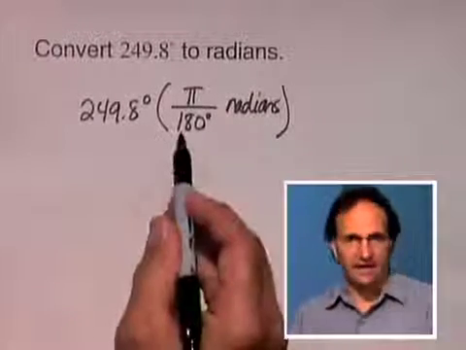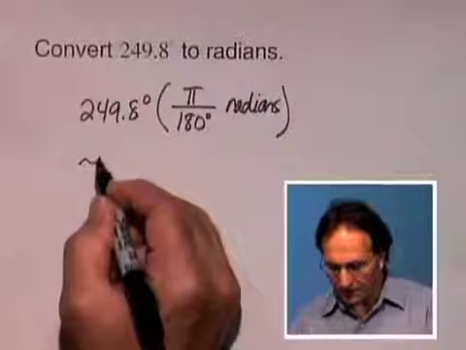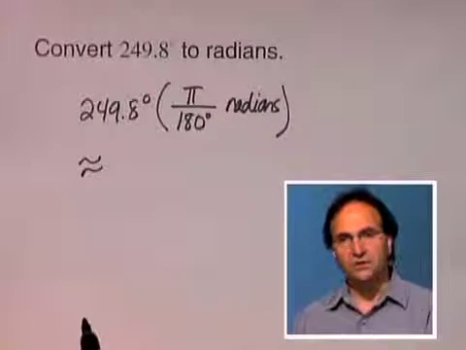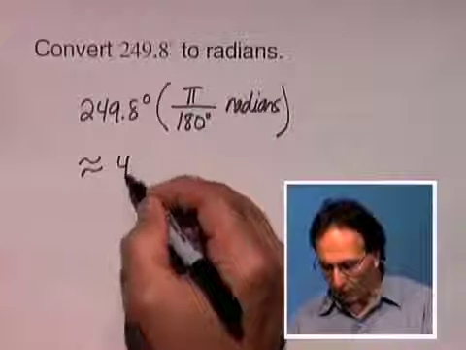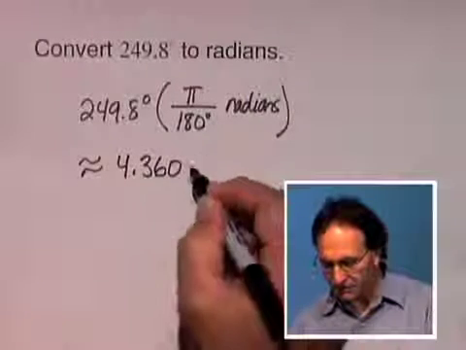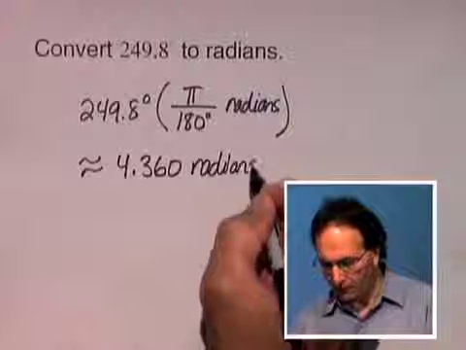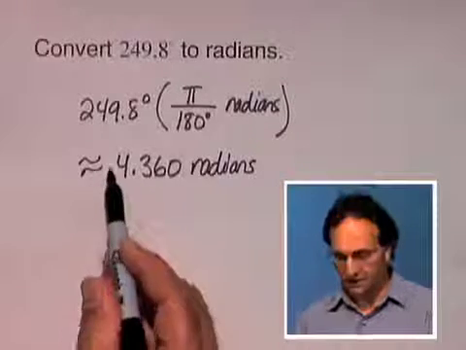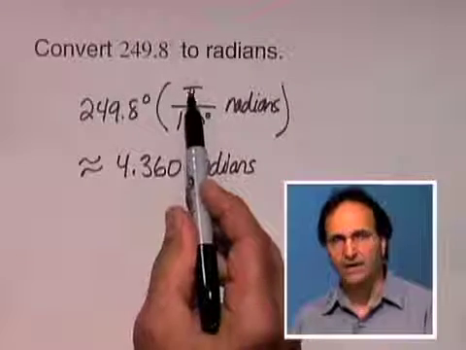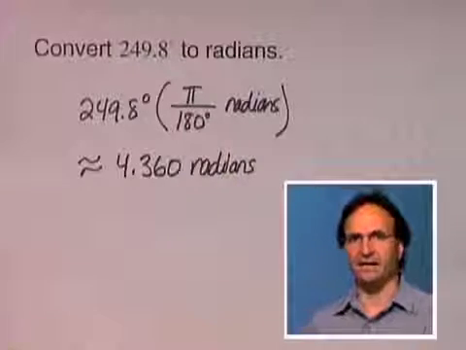We would do this on the calculator, and it will give us an approximate answer, which is equal to 4.360 radians. And it's approximation because of the pi, which is approximated by the calculator.